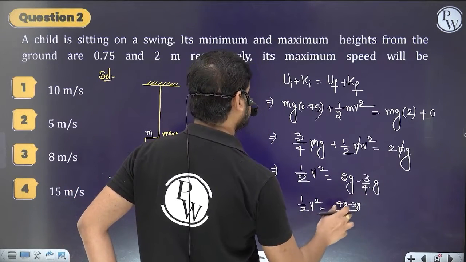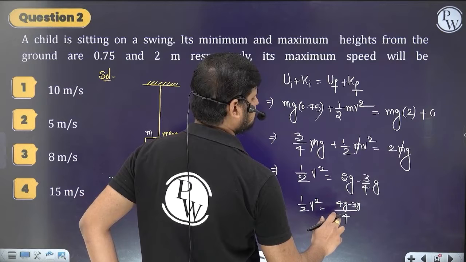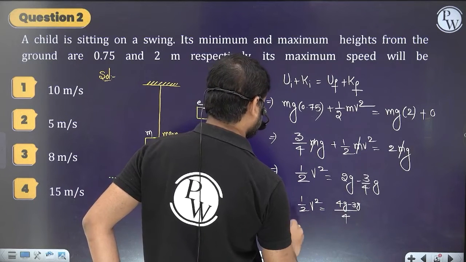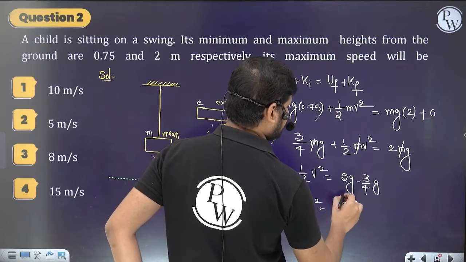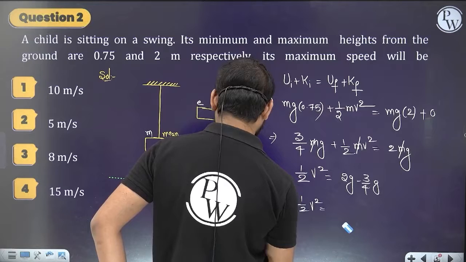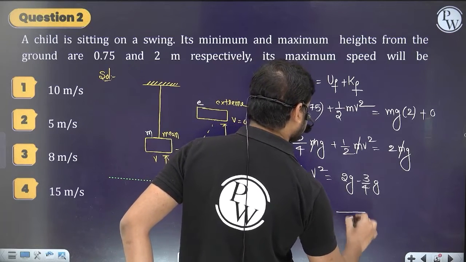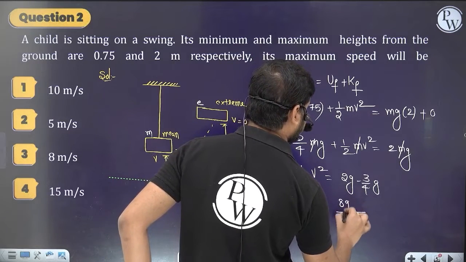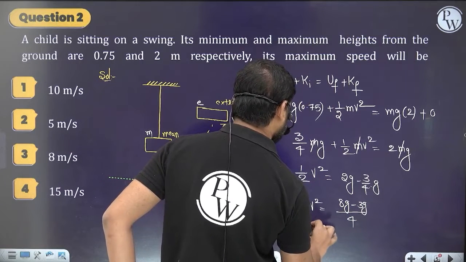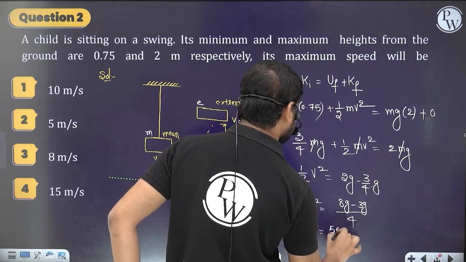Yes or no? So 4g minus 0.75, so yes, here it is 4 times, sorry, 8g. This is my bad, a calculation mistake. See here, 4 is the LCM, 4 into 2 is 8g minus 3g. So from here half v square is equal to 5g by 4.